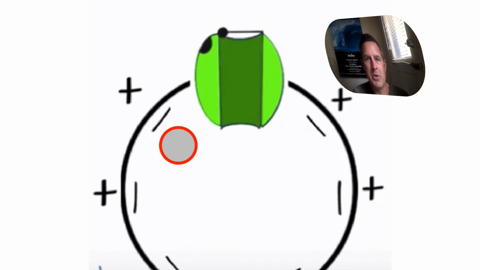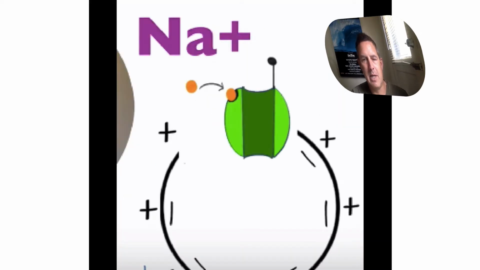So a couple things I want to emphasize. When we have gated channels, they are allowing something to move in. So for example, if we look at this gated channel, which would have been that gated channel we were just looking at, but the ligand is now bound to that channel, the gate is open.